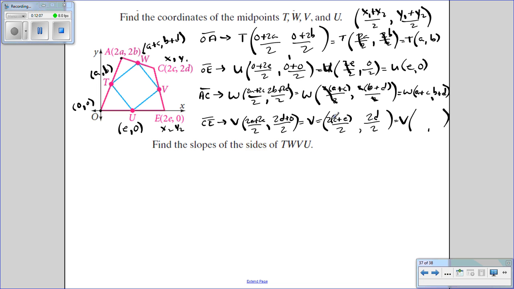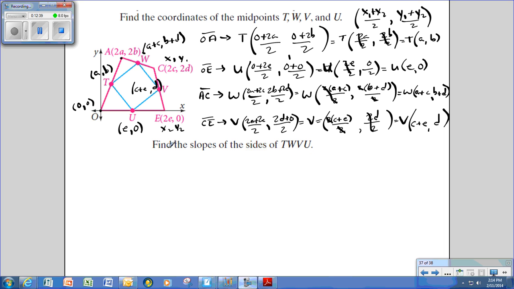And finally, we can cancel these 2's, so our x-coordinate of point V would be C plus E, and those 2's cancel, giving you a y-coordinate of D. So V's coordinates, I'll write them in here, would be C plus E, D. That's how you find the midpoints using these generic coordinates with variables.